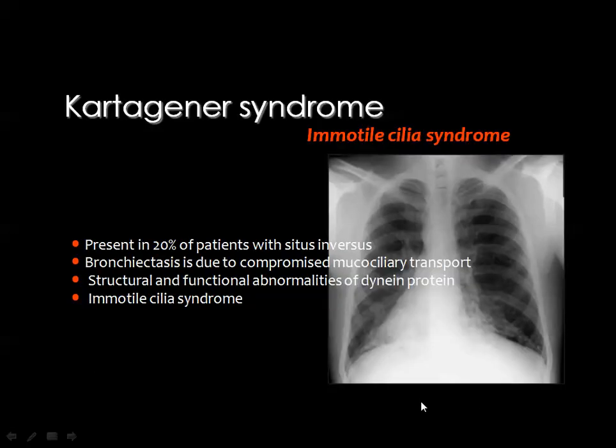Kartagener syndrome is a triad which comprises, number one, dextrocardia or situs inversus, number two, bronchiectasis, and number three, the presence of paranasal sinus disease.